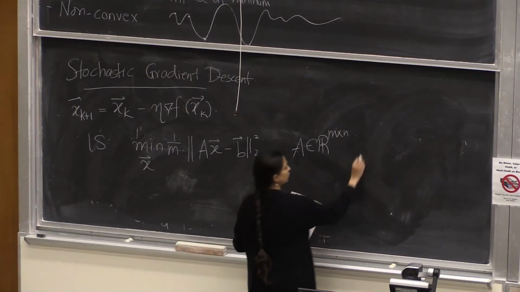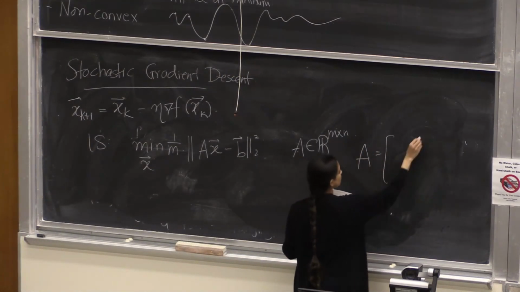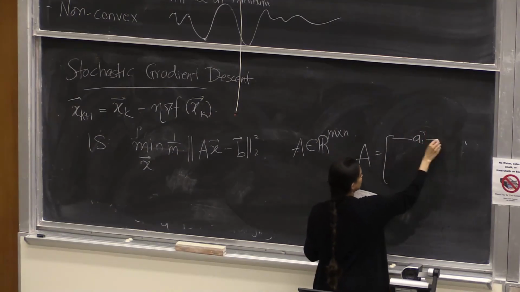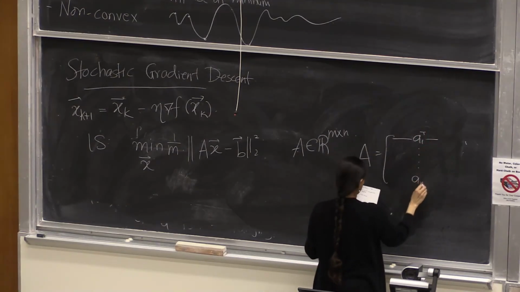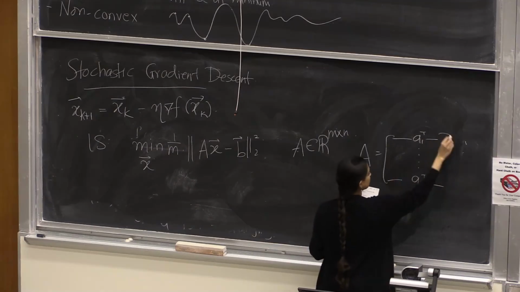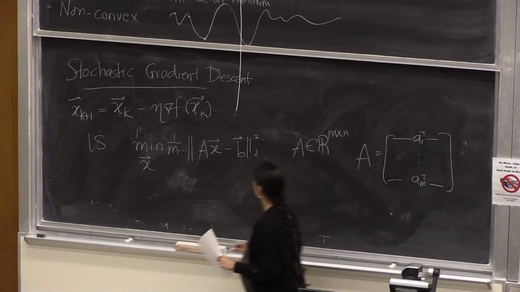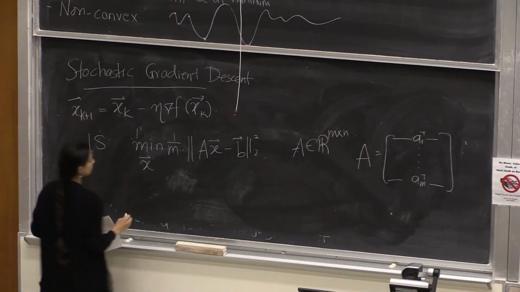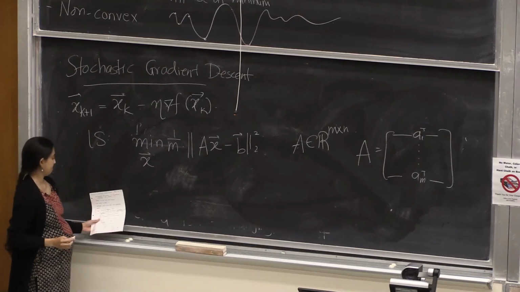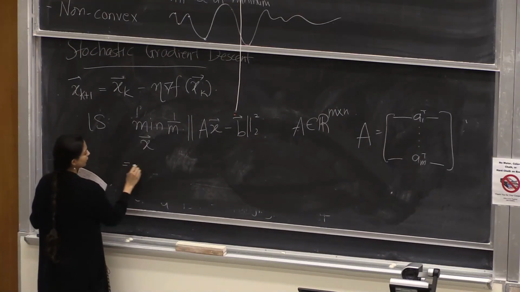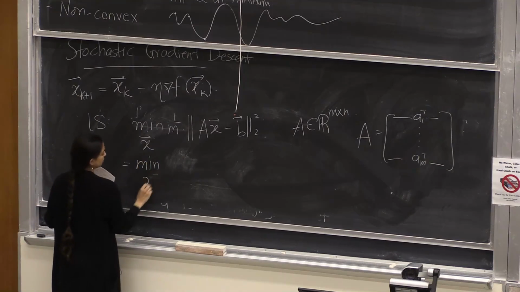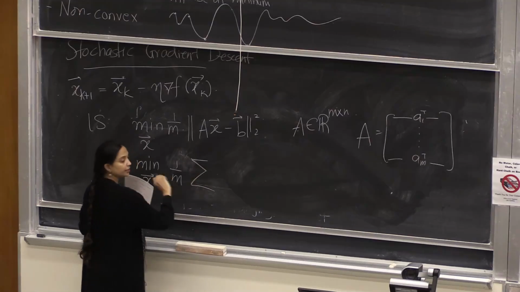Right? Let's say A is equal to something like this. These are all of the rows of A. Okay? Another way I can write this is min over x, 1 over m. I can write this row by row.